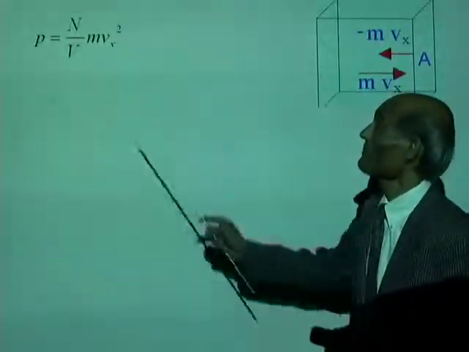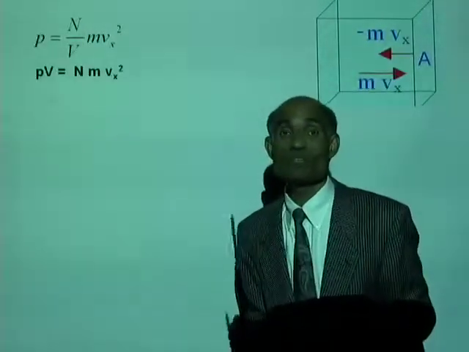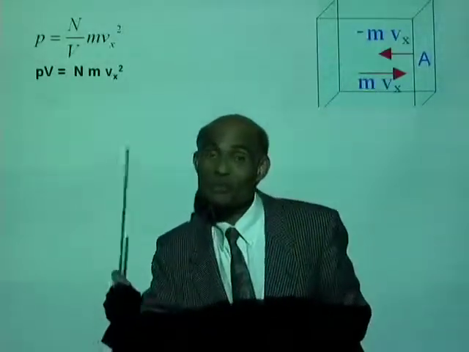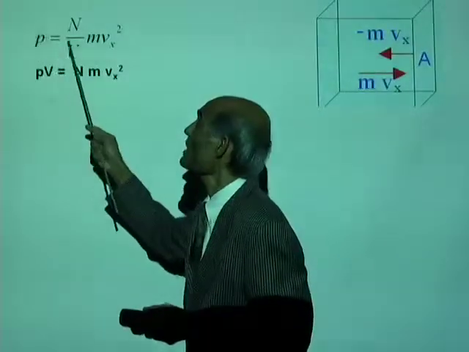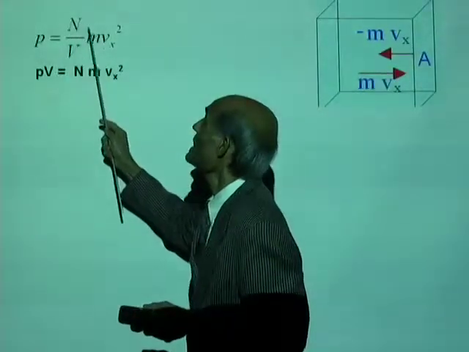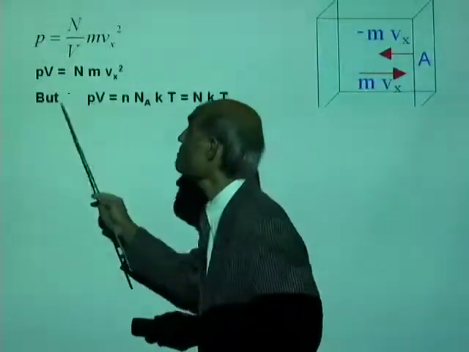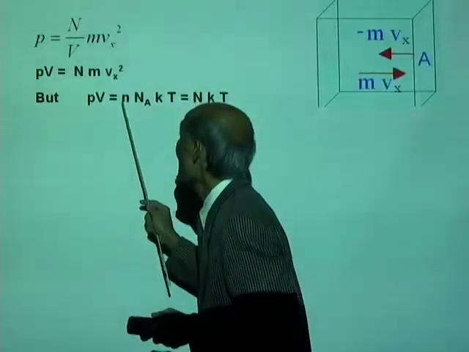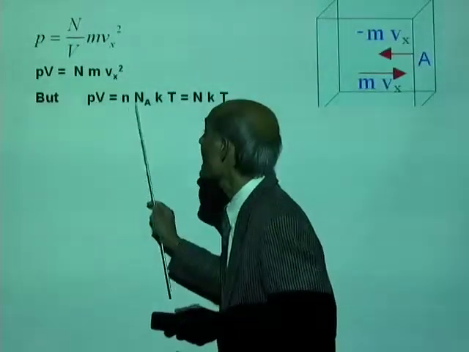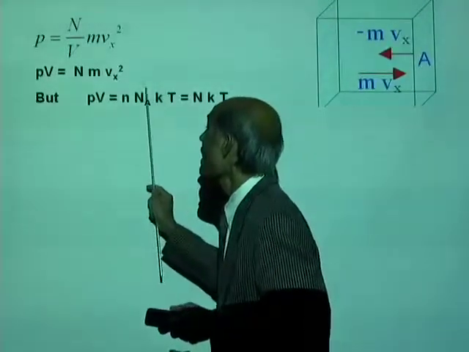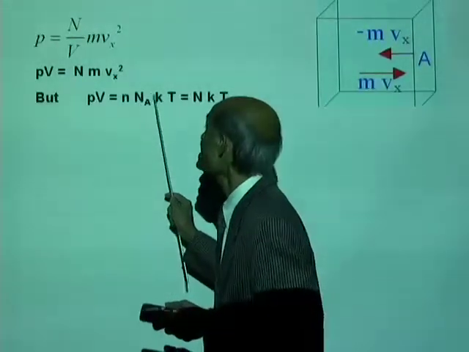All right. There we have an expression for the pressure. But is that the final version? We have only considered the x motion. Well, from here, cross multiply: P times V equals N m vx squared. But you know that PV equals nRT. You remember that one? Where R is Avogadro's number times Boltzmann constant, Na times k.